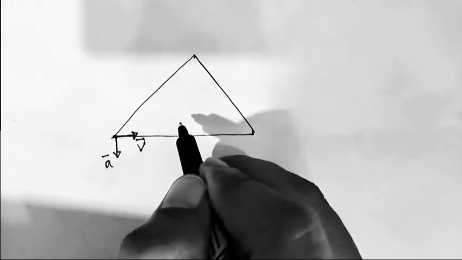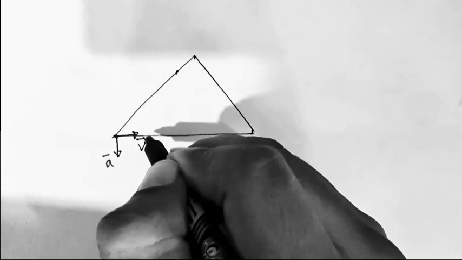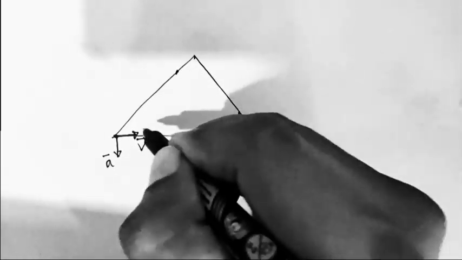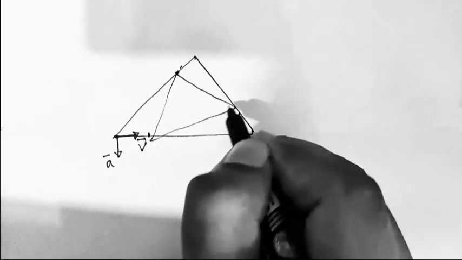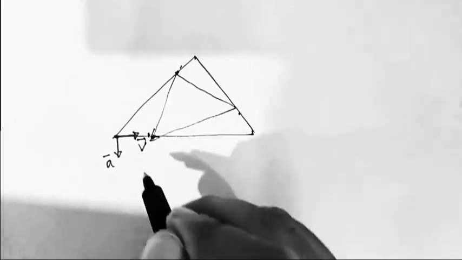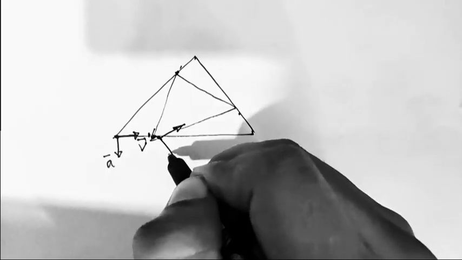Then as time passes by, when your particle reaches here, this will be the new triangle. So that time your velocity will be here, acceleration will be here.